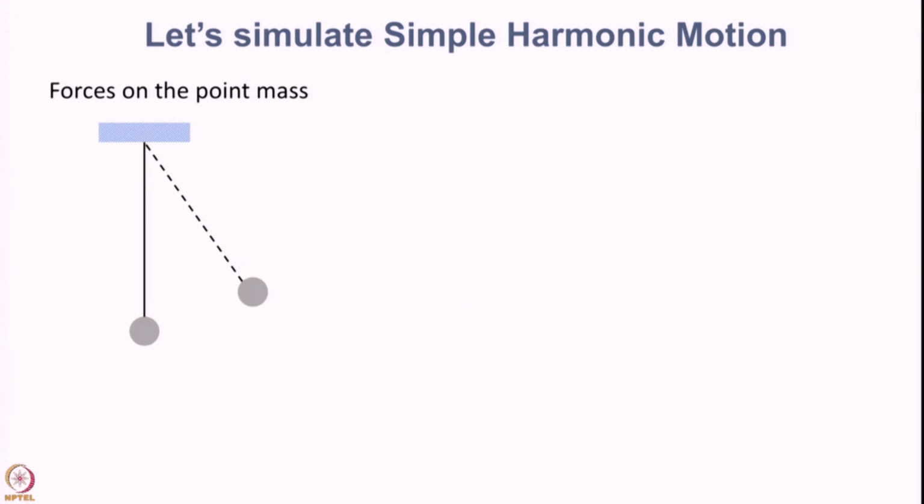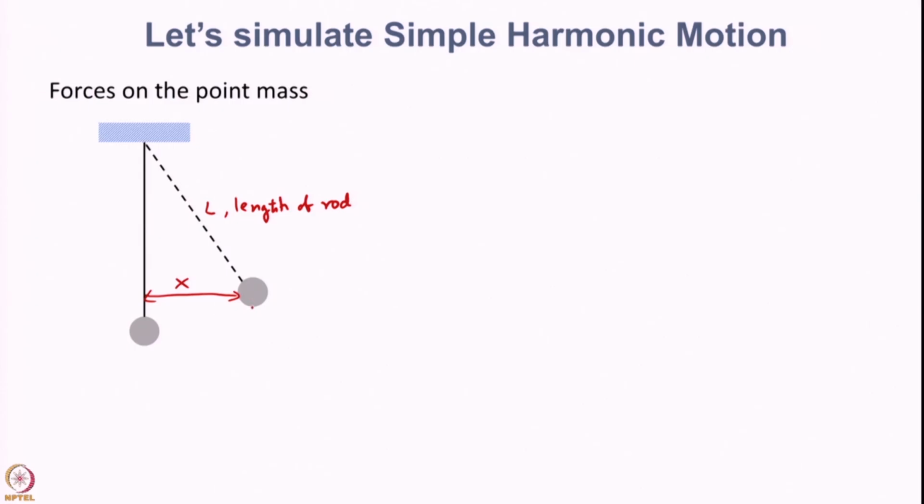Now, to understand a bit more on the model part, let us come back to this model. Now, we have this displacement x, let L be the length of the rod.